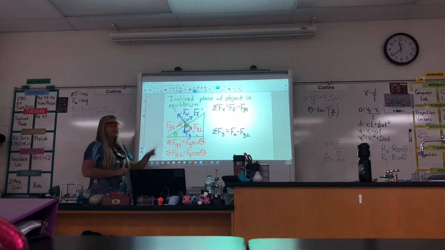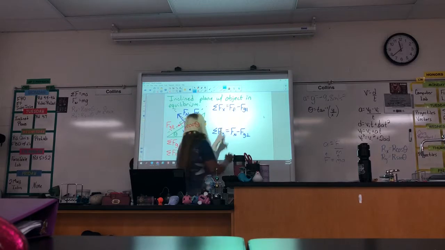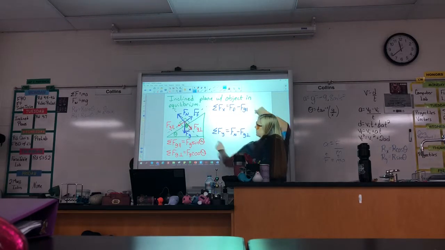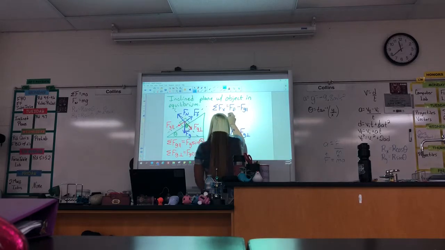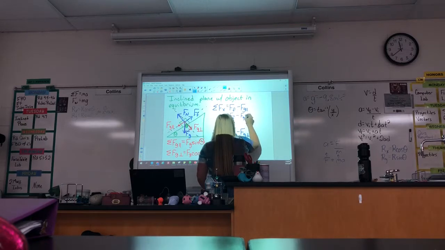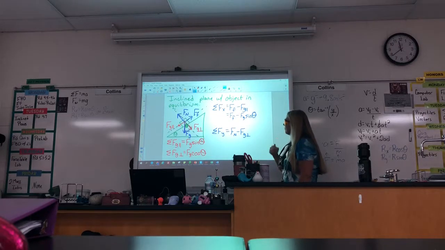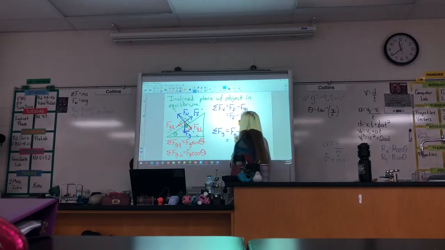All right, so what I want to do now is make a substitution. Up here in my net force, instead of Fg parallel, I'm going to substitute what that is equivalent to. And instead of Fg perpendicular, I'm going to make that substitution as well.